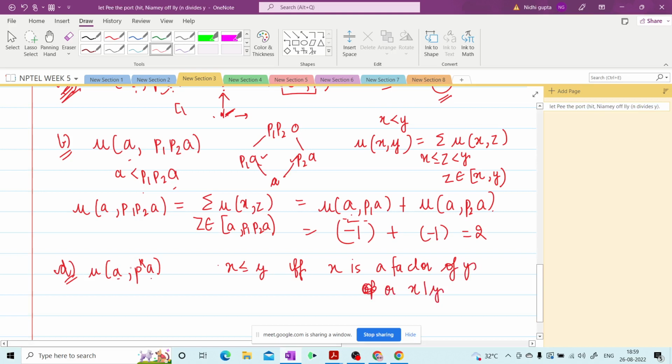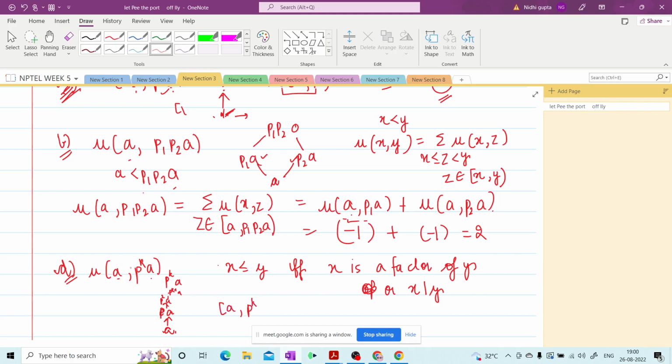Now if we have A pKa, so pKa is not the immediate upper bound. So what all numbers can come between? It can be PA, P square A, till PK minus 1A.